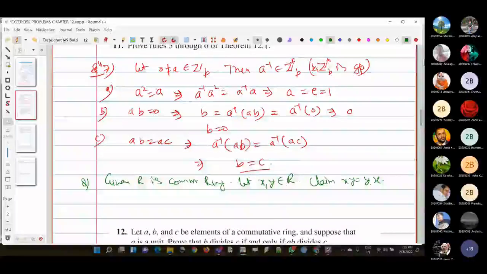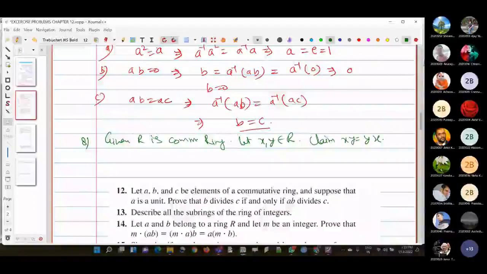This we need to prove. Because R is a ring, R under multiplication is going to be associative also. So using associativity, we can write X times YX equals XY times X.